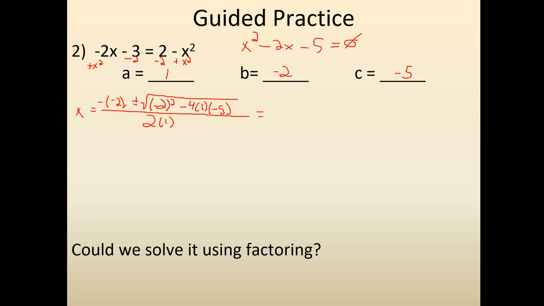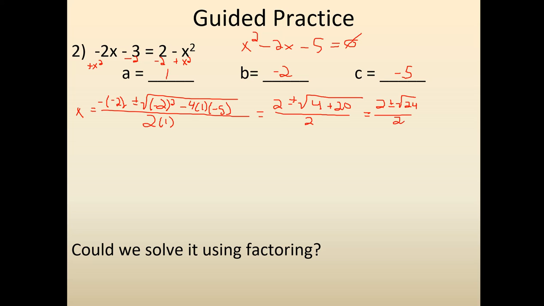So to simplify this, again, negative times a negative is a positive, 2 plus or minus, and then we're going to end up having negative 2 squared, which is 4, and then minus 4 times 1 times negative 5. So this ends up actually becoming plus 20 all over 2. So this is going to be rewritten as 2 plus or minus radical 24 over 2.